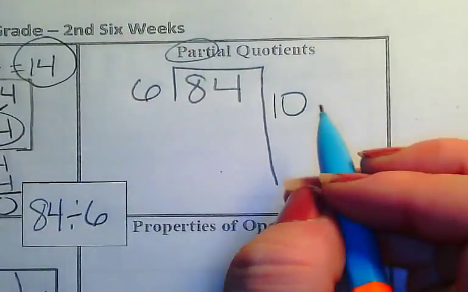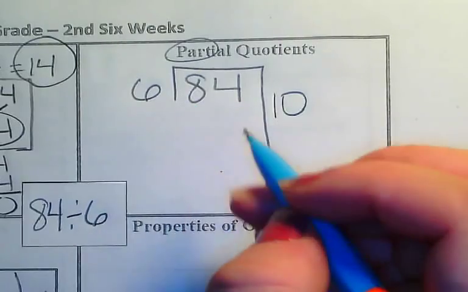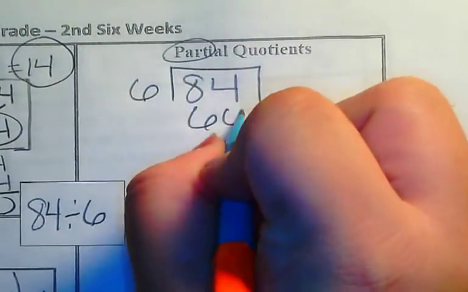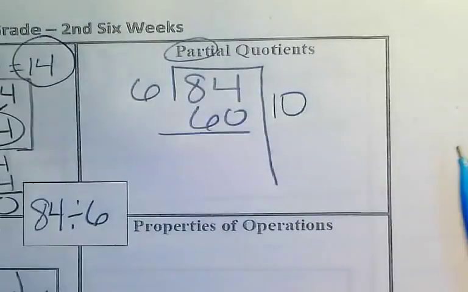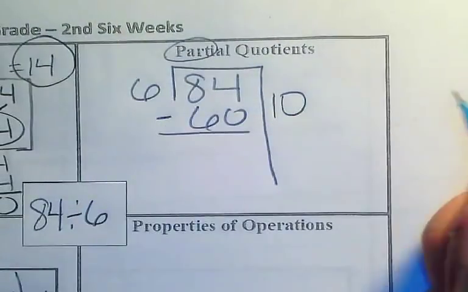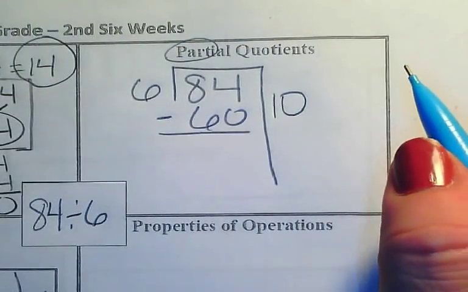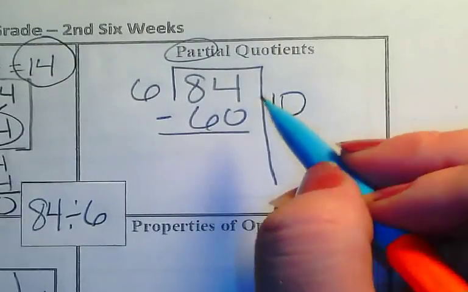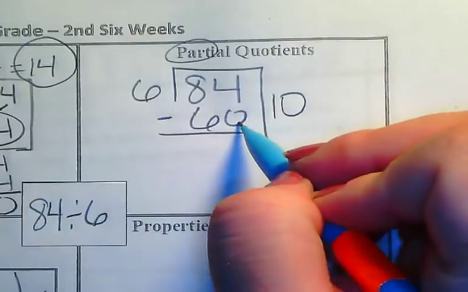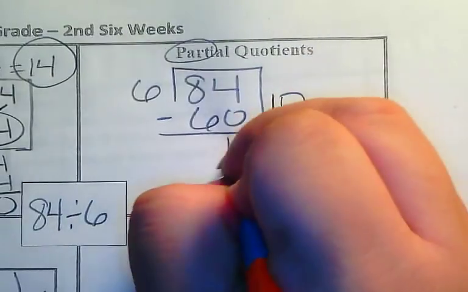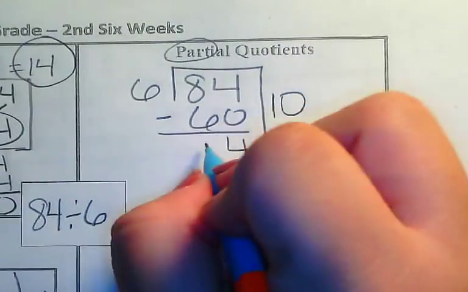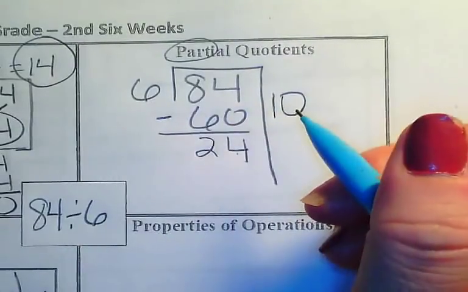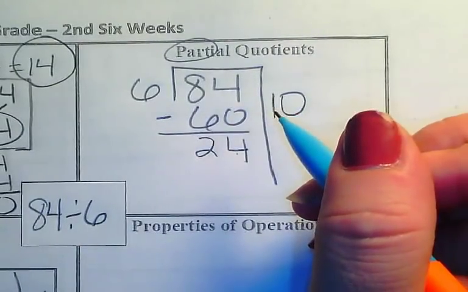So what's 10 times 6? 60. And then we subtract it, just like the traditional way we were doing division yesterday. 4 minus 0 gives you what? 4. 8 minus 6. Don't we have 24 like we did on the other area model?